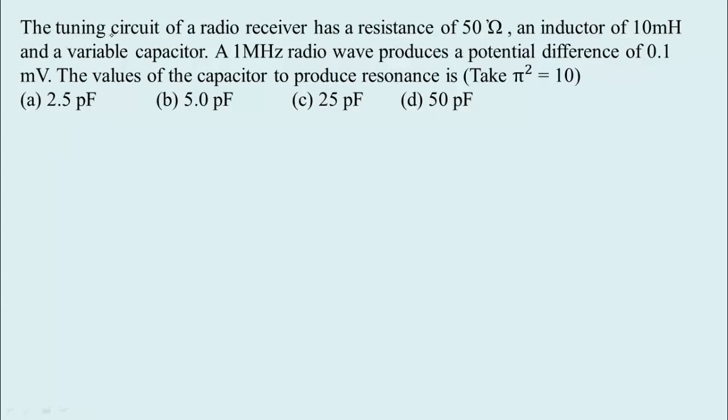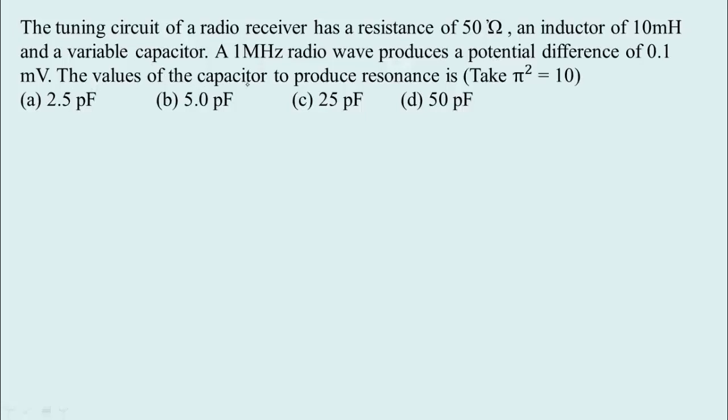Now, the tuning circuit of a radio receiver has a resistance of 50 ohm, an inductor of 10 millihenry and a variable capacitor. A 1 megahertz radio wave produces a potential difference of 0.1 millivolt.